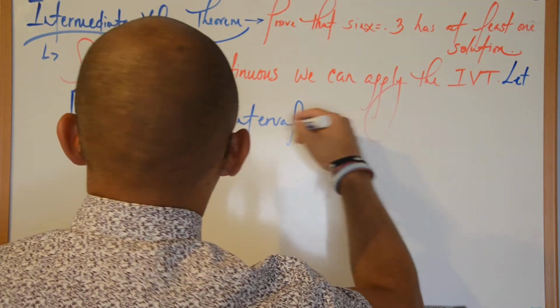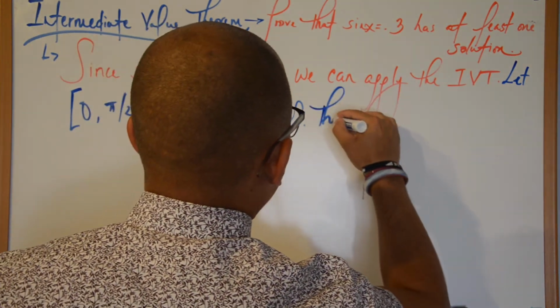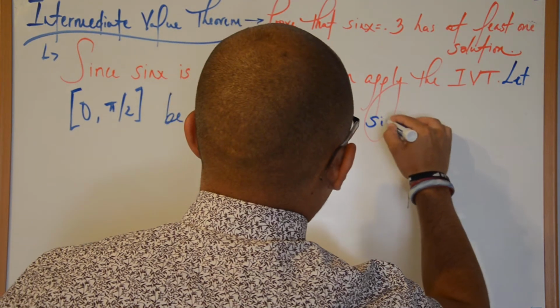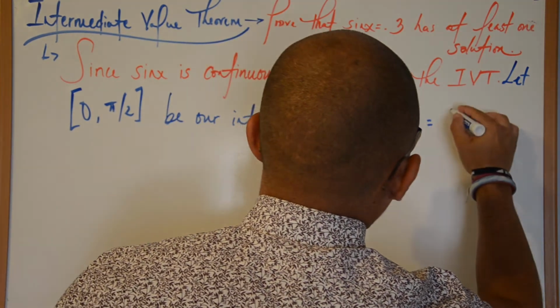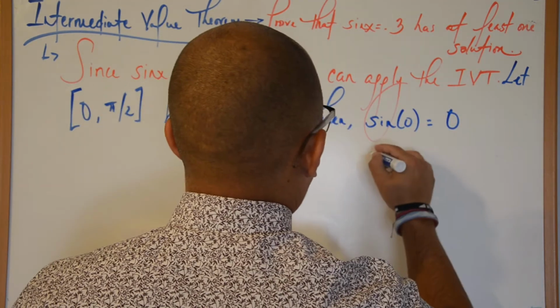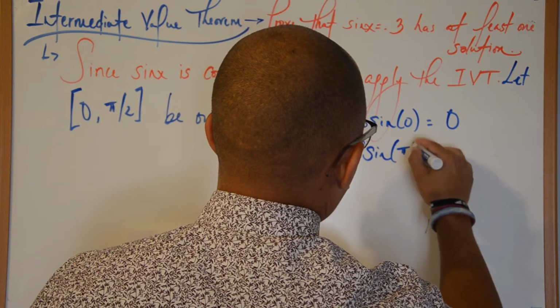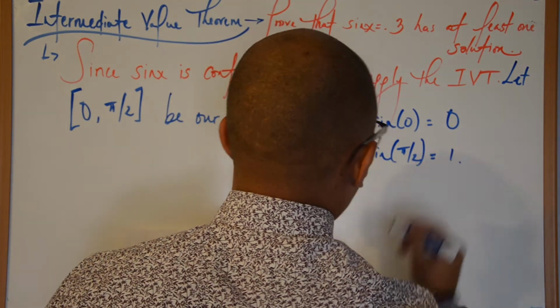So you can say thus, sine of 0 is equal to 0, and sine of pi over 2 is equal to 1.